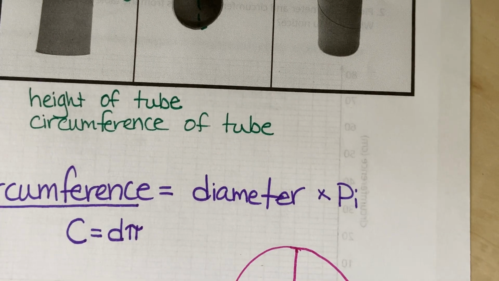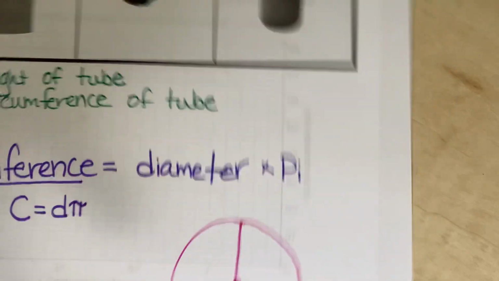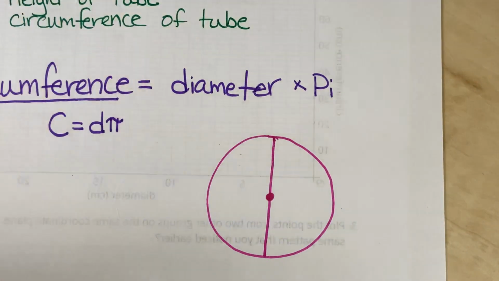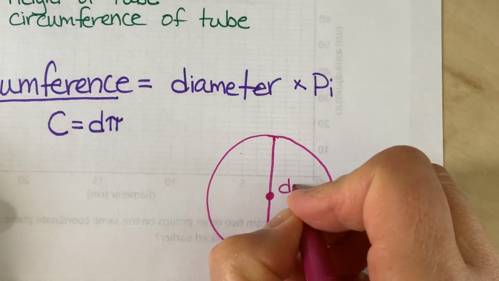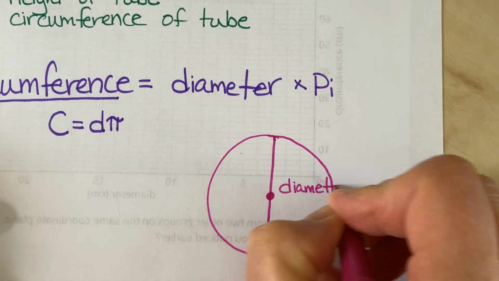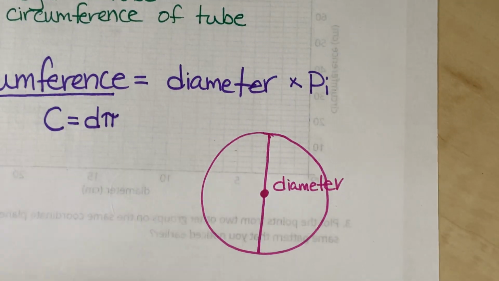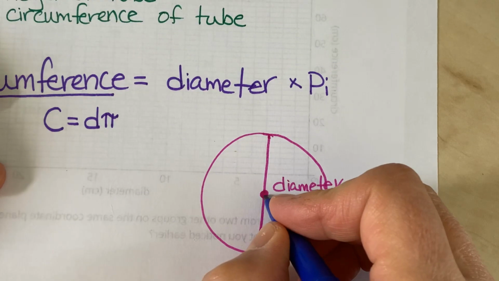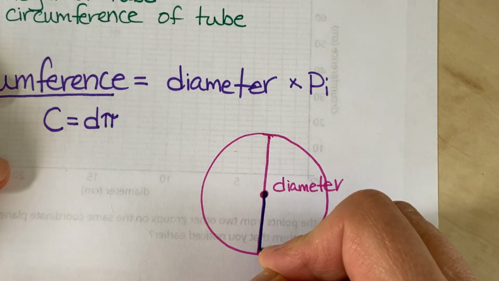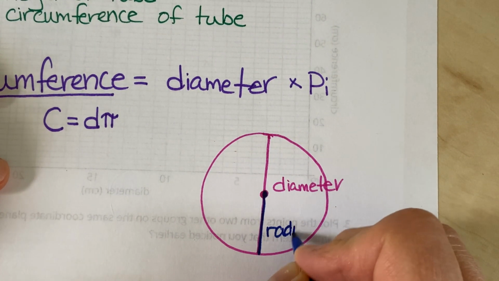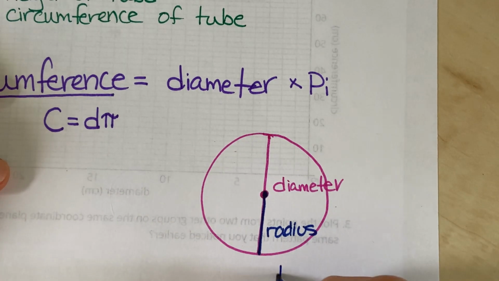My diameter is what's in the pink. How many radiuses is it? If this is a radius, one diameter is equal to 2 radiuses.